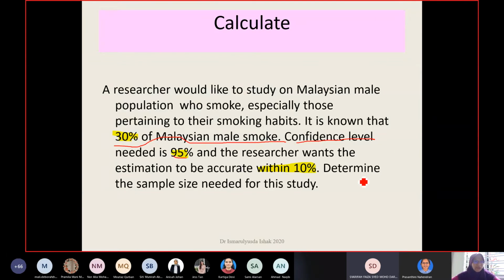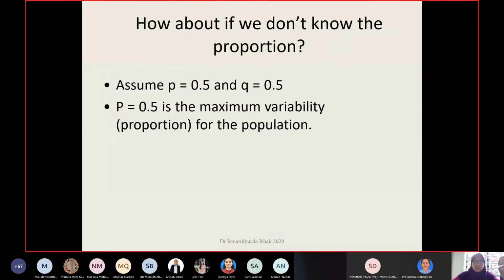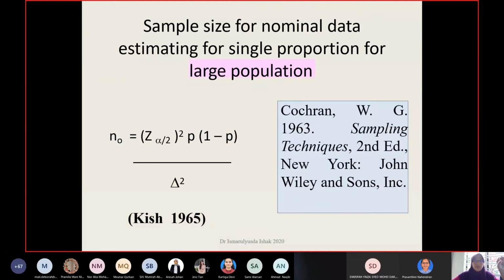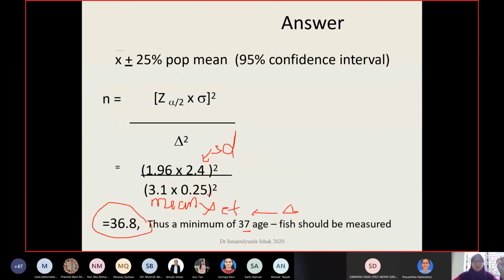First of all, thank you for the questions, good questions. These are two different calculations. One is for continuous data, another one is for proportions. For continuous data, your delta will be your unit.